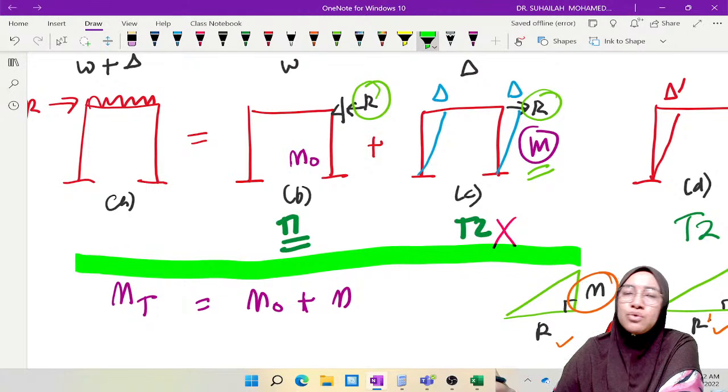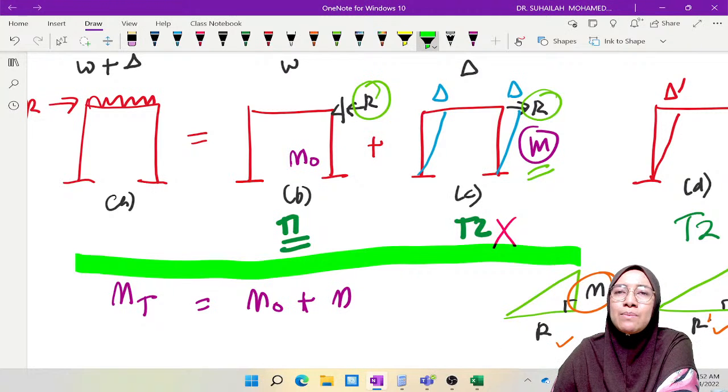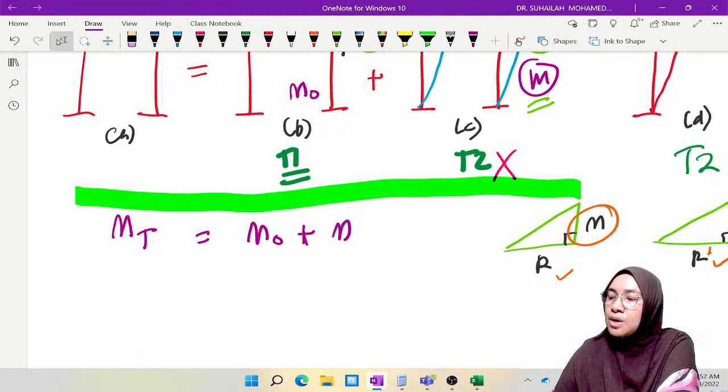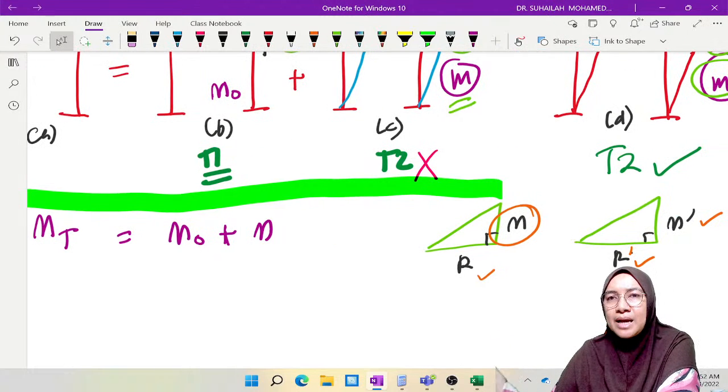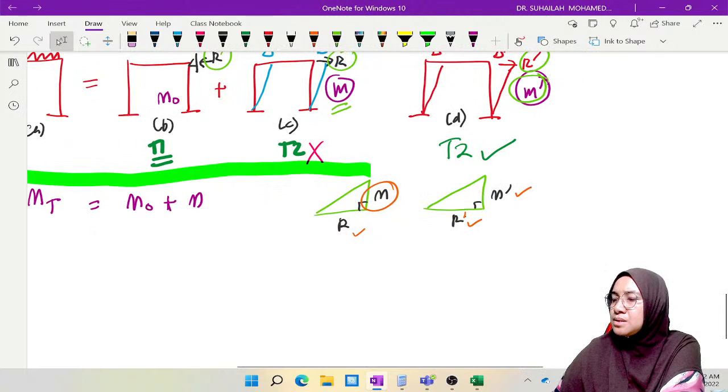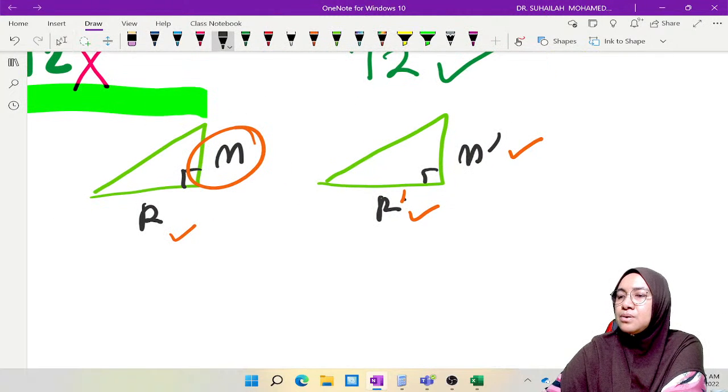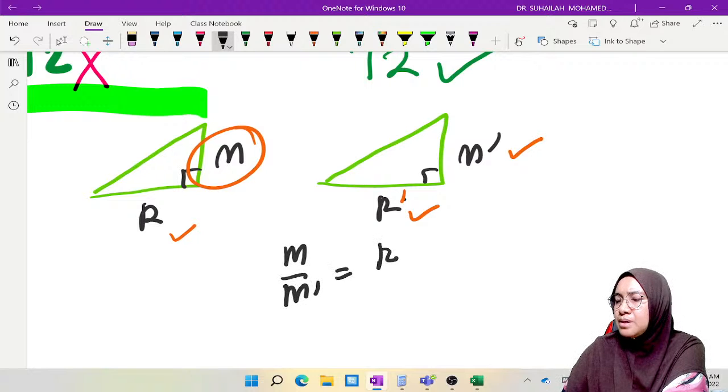So, do we know M directly? No, we do not know M directly. Do we know M indirectly? Yes, because we have the relationship that we get from diagram C and diagram D: M over R equals M prime over R prime.